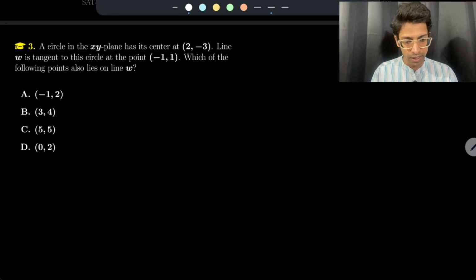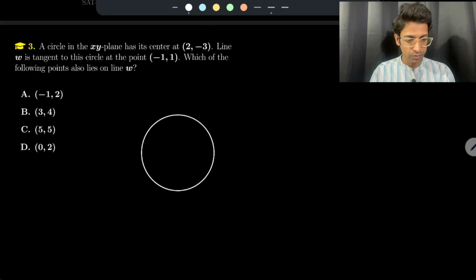So let's quickly try to understand this problem. There is a circle. It has a center at (2, -3) and line W is a tangent to this circle. So somewhere just write down a point (-1, 1).